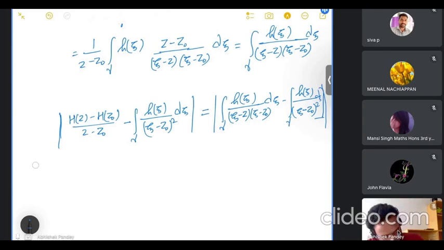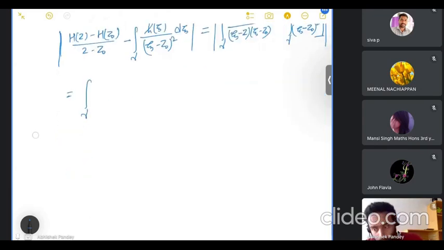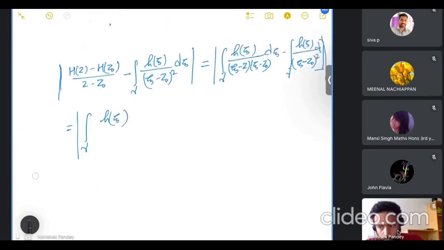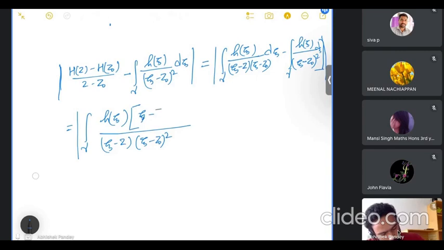So this whole integral becomes the integral over gamma of h of xi upon (xi minus z)(xi minus z naught) squared, times [(xi minus z naught) minus (xi minus z)] d xi.